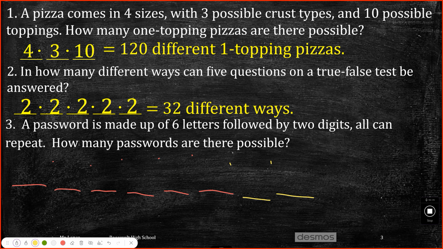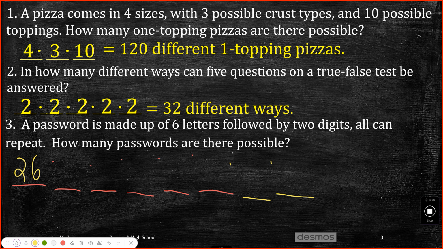Okay, how many letters? It's talking about letters. We just want to put letters in there. How many letters are there in the alphabet? Anybody know how many letters? So 26. Now, what goes here? 26.